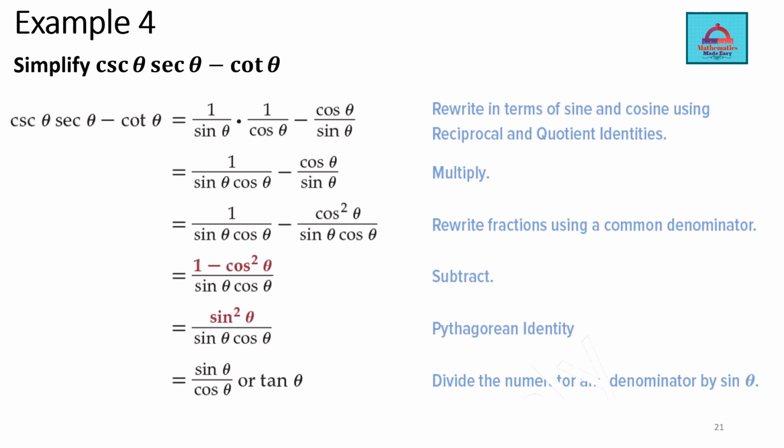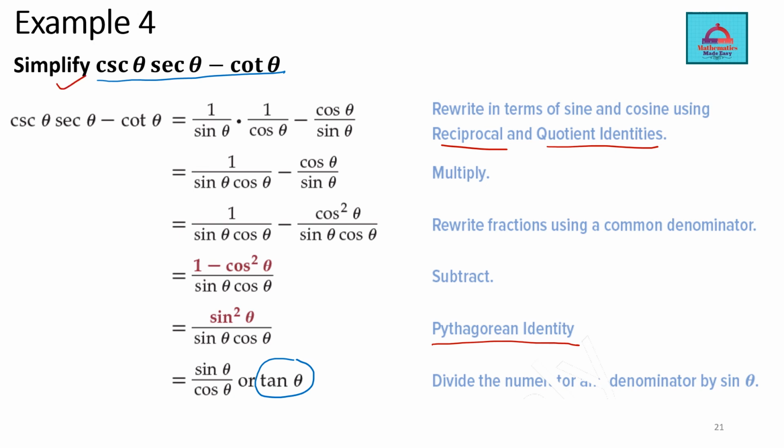Now if you see carefully what has been done here, you were given a big expression, you have converted it into a simple small expression, and in the process you used the reciprocal identity, quotient identity, and Pythagorean identity. So you use a mix of the identities. So our learning objective number 2 of this video was to simplify using these identities.